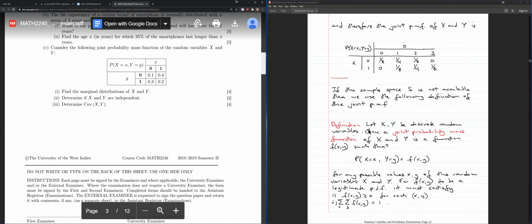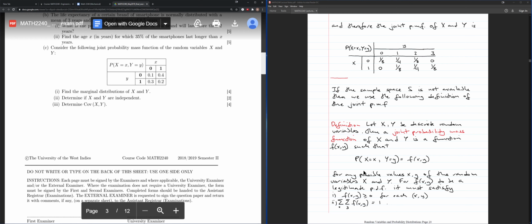Okay, so over here is a formal definition of what a joint probability mass function is. I have two random variables, big X and big Y. A joint probability mass function is really just what I was doing above. For your big X and big Y, you have possible values small x and small y.